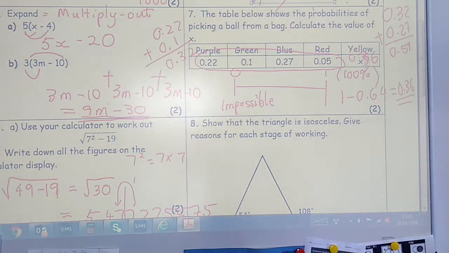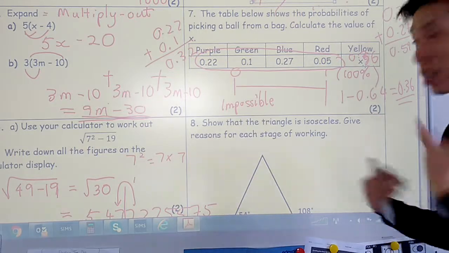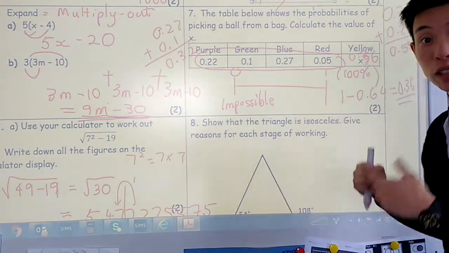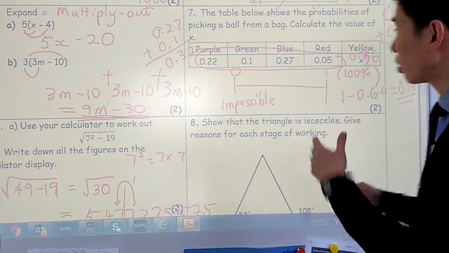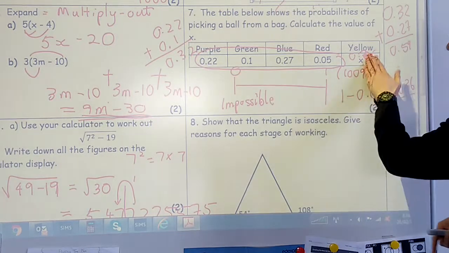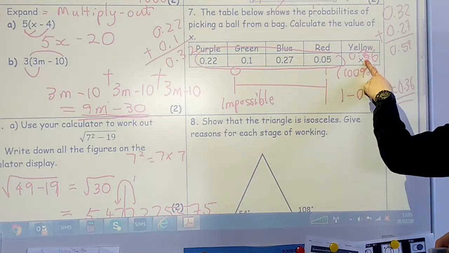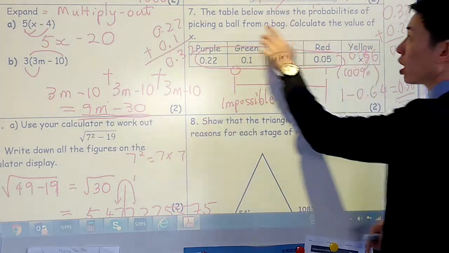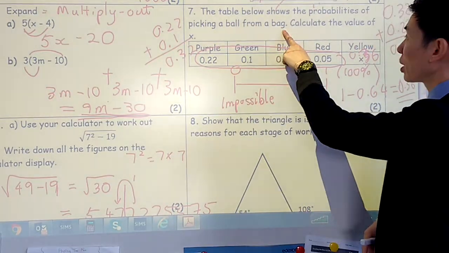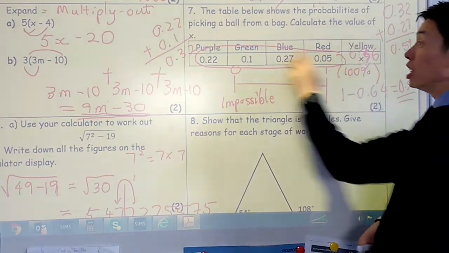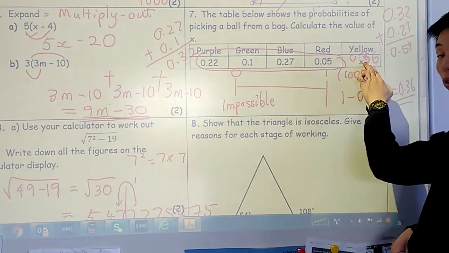Okay? So I like to look at my answer and try to relate it to a real life situation. So which means yellow must be the most amount in the bag, because it's got the highest probability. Not a single number is bigger than 0.36.